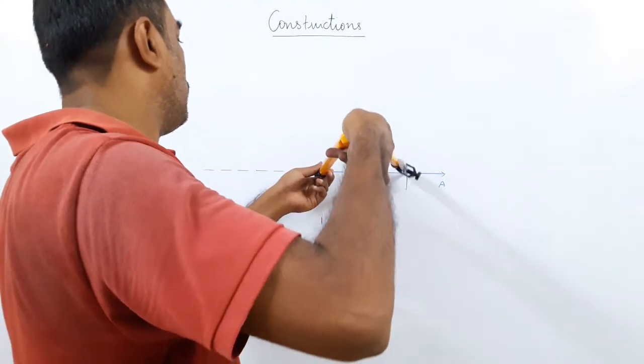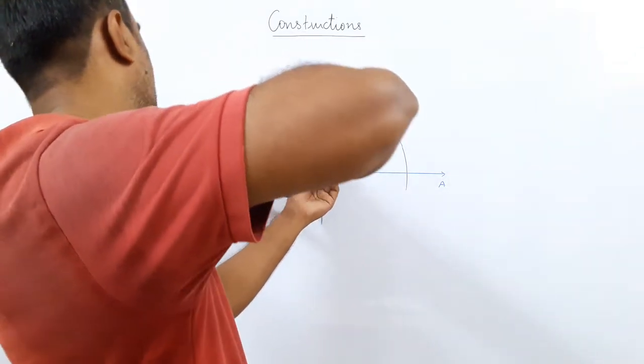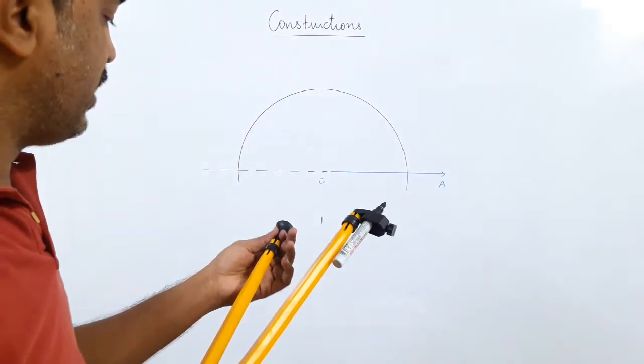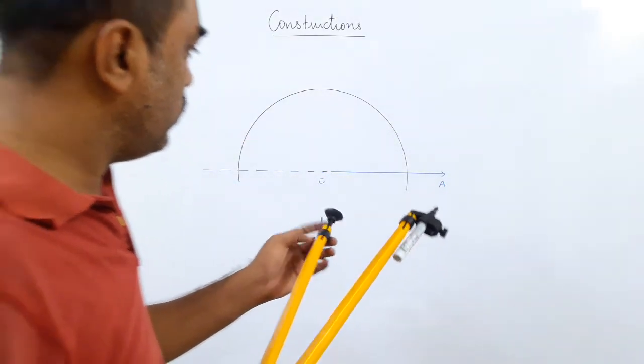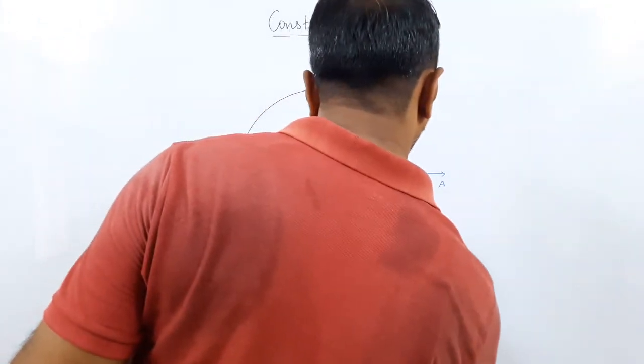Now I need to draw a semicircle without a change in the radius. I did it, and I got this. The point is fixed as it is. Now let me draw this point just to mark the indication.